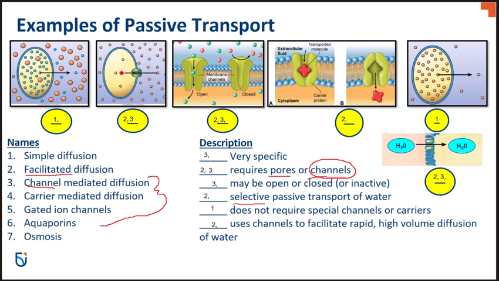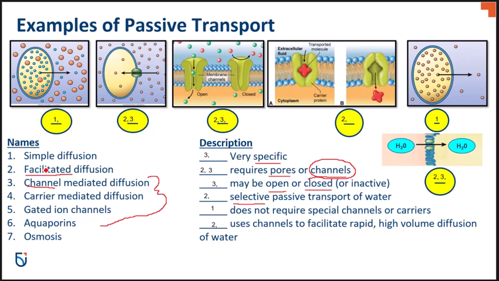Now, it's important to know that these channels are very specific, in that each is designed for the movement of a specific substance. These channels can be opened by being stimulated. They can be closed. They can also be inactive. It's going to vary depending on what's needed by the cell.